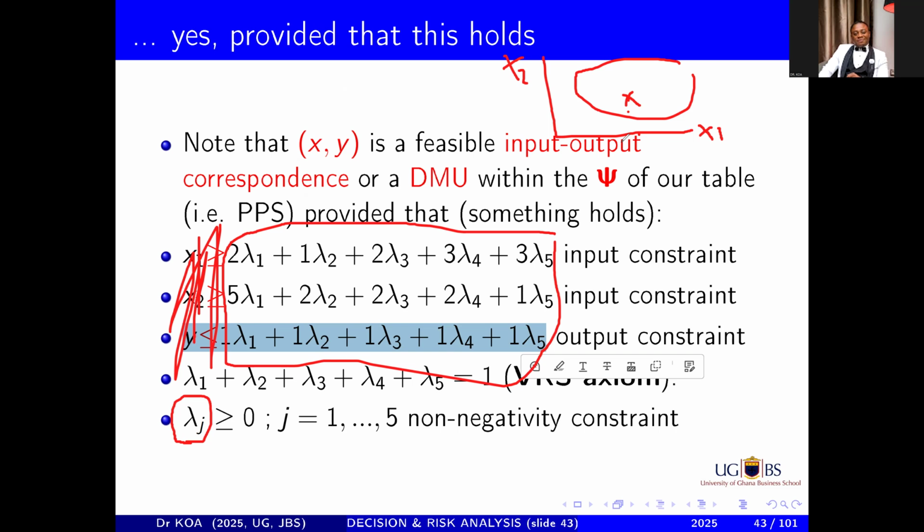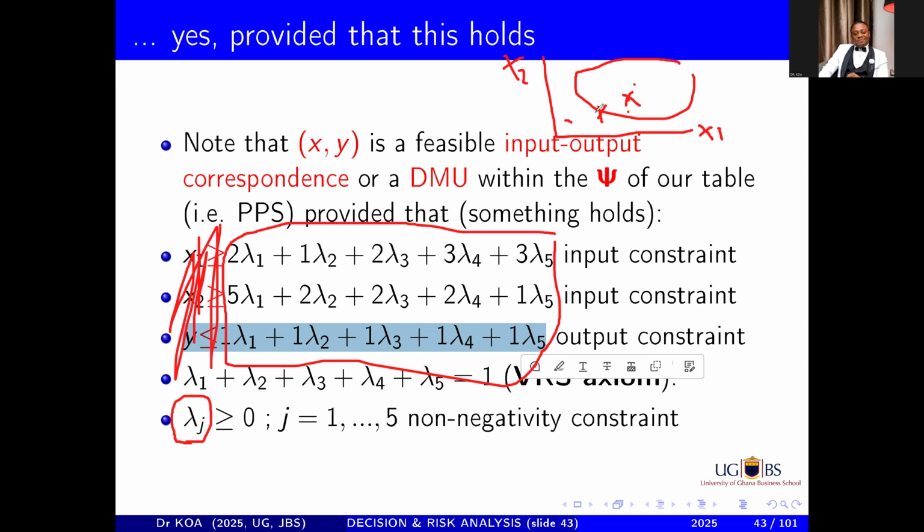Suppose that I close my eyes and pick an input or a DMU here. That particular DMU may either be inside the technology I've demarcated, outside the technology I've demarcated, or on the technology frontier that I've demarcated. It may either be inside, outside, or on it.